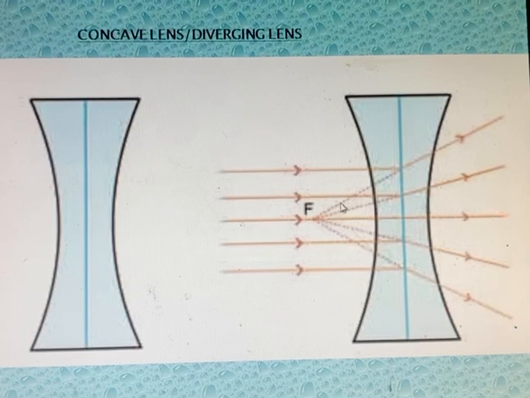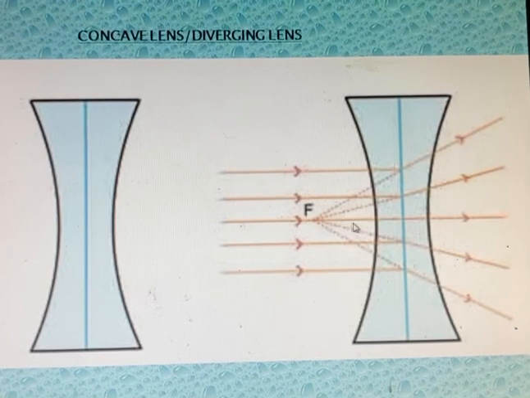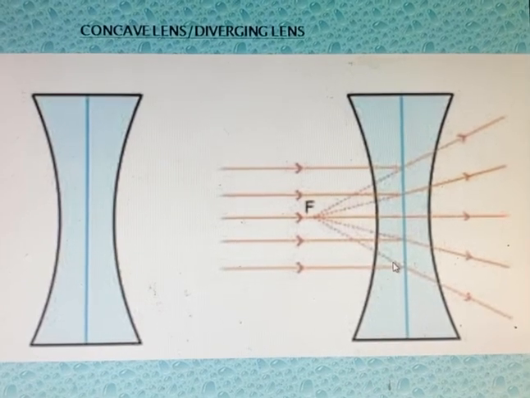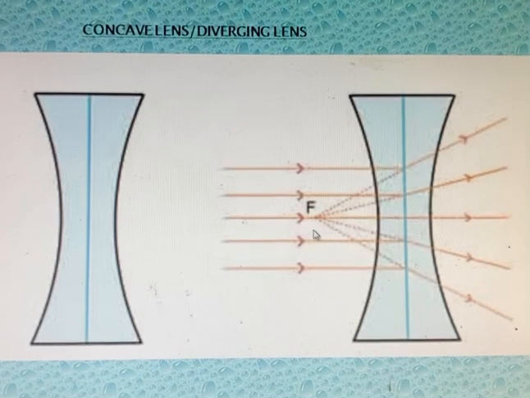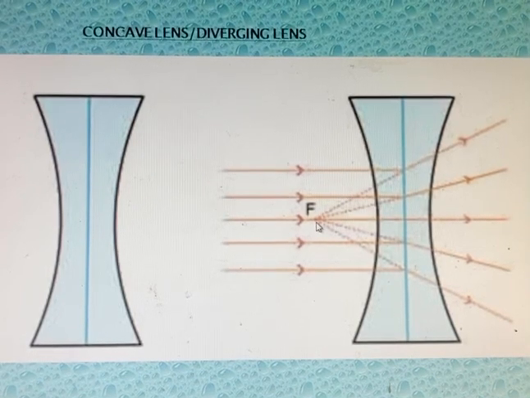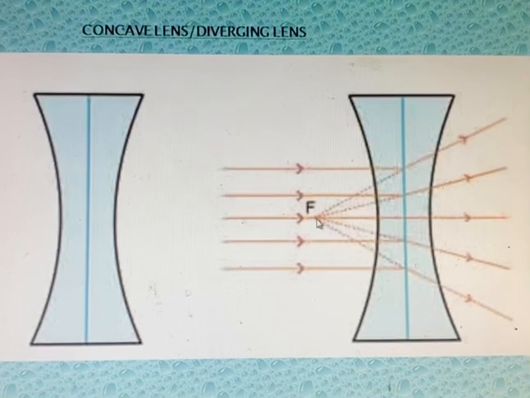Here, these dotted lines are actually showing the imagination or assumptions. That means you assume that light rays are diverging from a certain point. That is called the focal point.